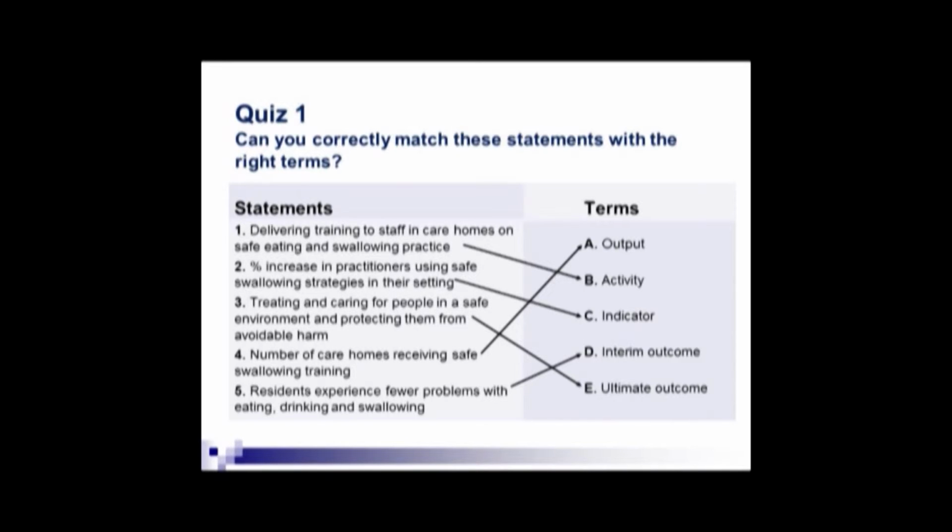The number of care homes receiving safe swallowing training is an output. And residents experiencing fewer problems with eating, drinking and swallowing is an interim outcome. How did you do? Don't worry if you didn't quite get them or you're very confused at the moment. Like I said, we're going to go through some practical examples which hopefully will clear things up.